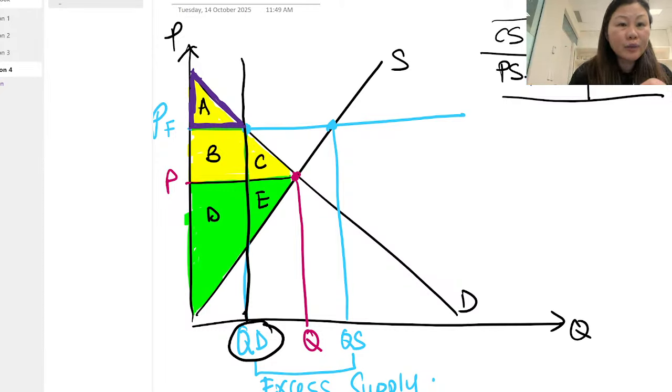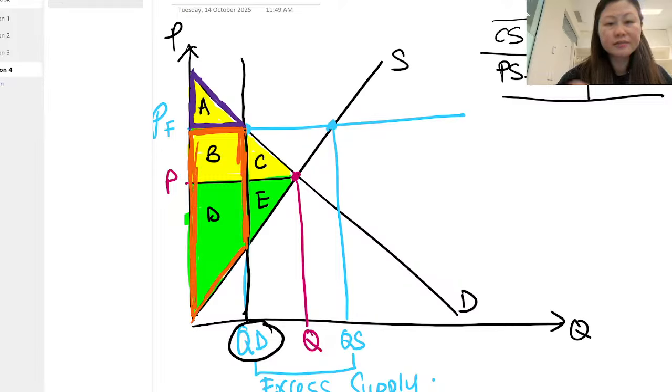And so our producer surplus is going to be the area above the supply curve, stopping at the quantity that we're willing to supply and below the price. So after the price floor, the producers have B plus D.